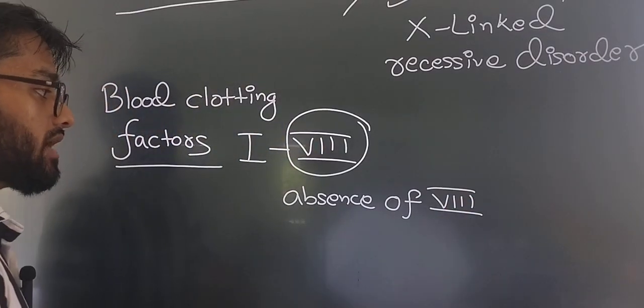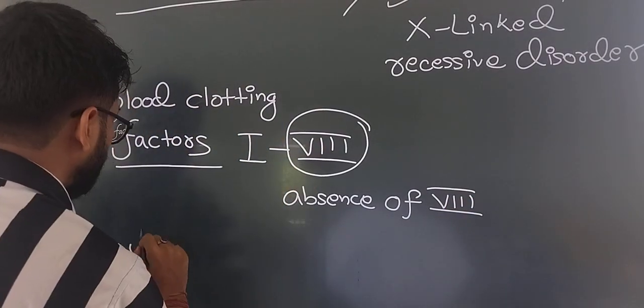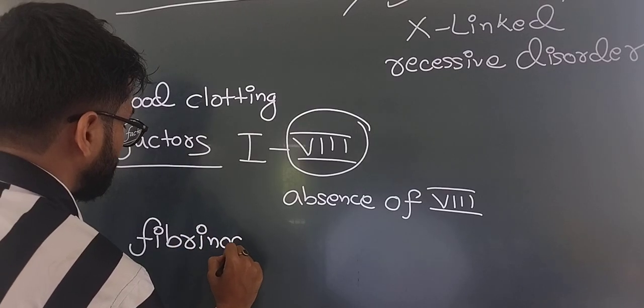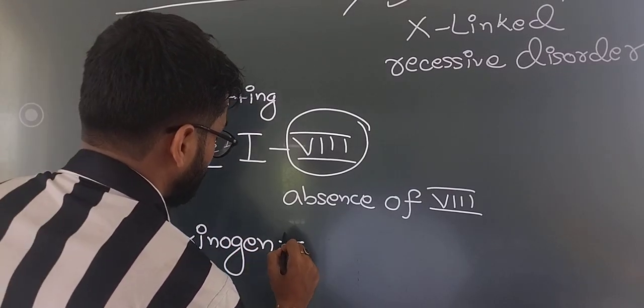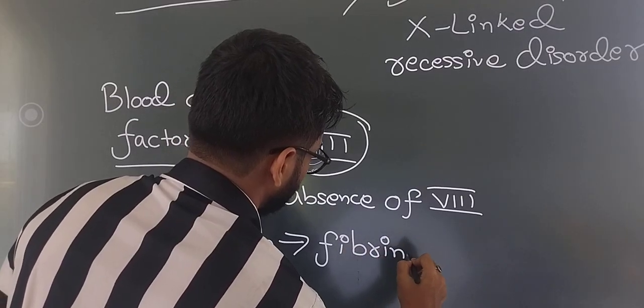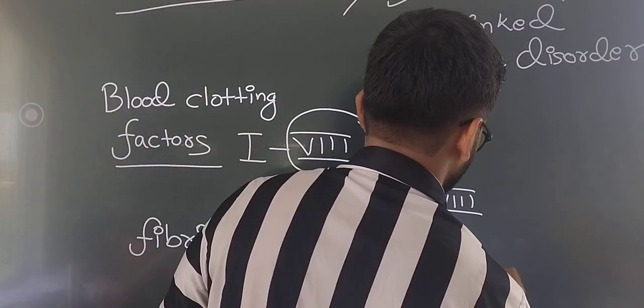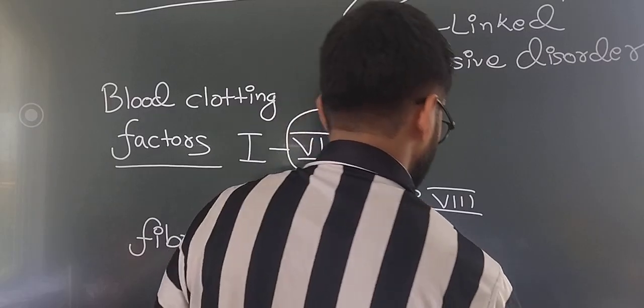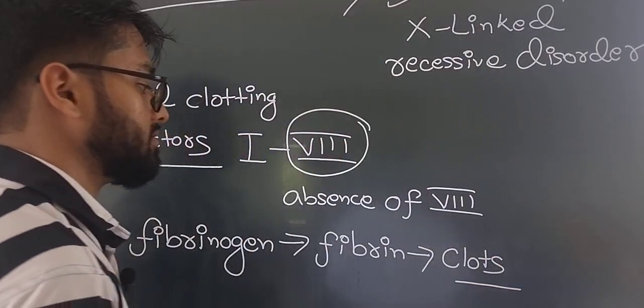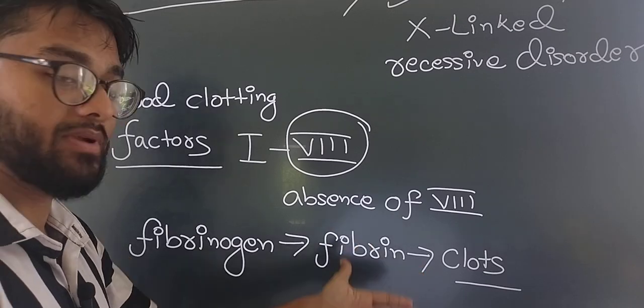What does this do? It does not produce the fibrinogen that will go into forming your fibrin, which is responsible for forming clots. And clots are required to stop blood loss.